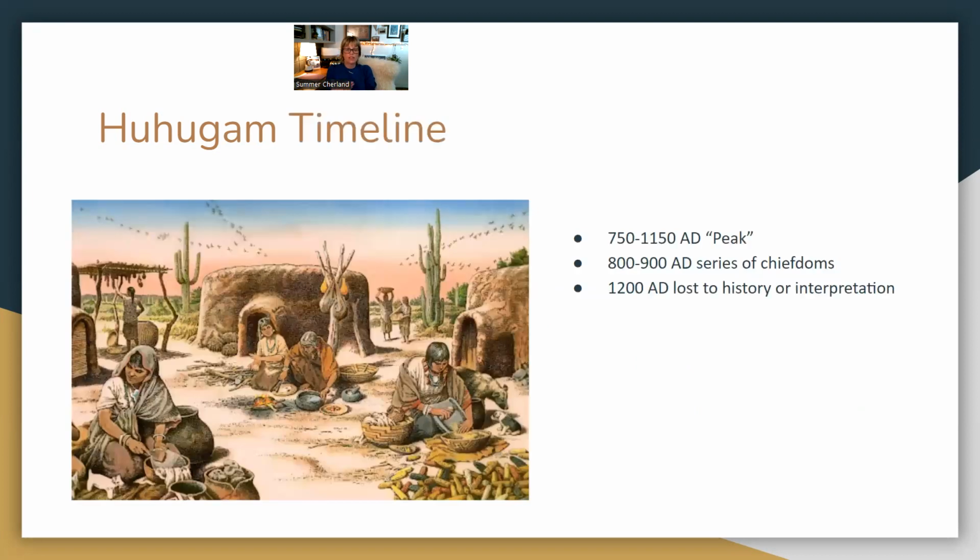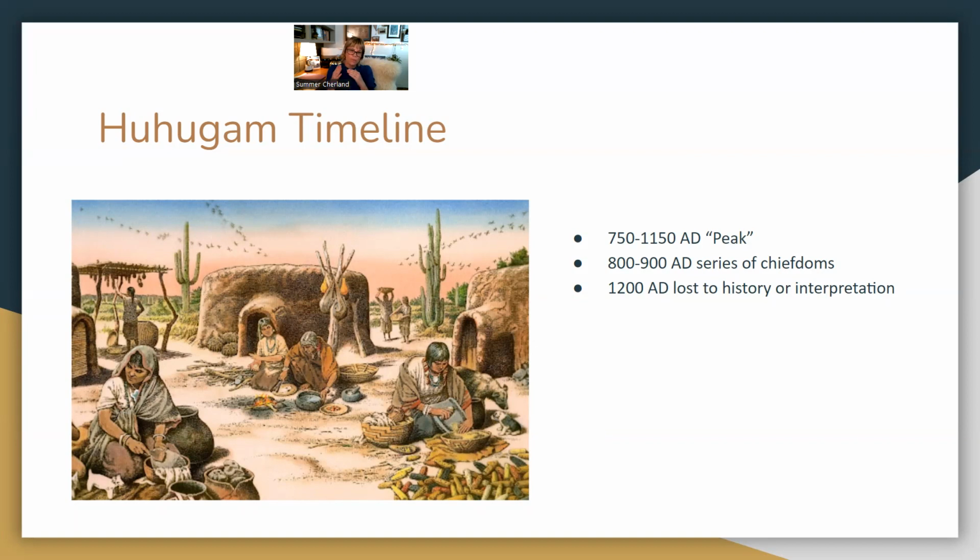Here's our timeline. It's a little bit less clear, and that might be because of that lack of direct lineage that we can trace. So we believe their peak years were around the year 750 to about 1150 AD. And then around that time, there's about a 100-year period where there were a series of chiefdoms, so pretty clear hierarchical organization.